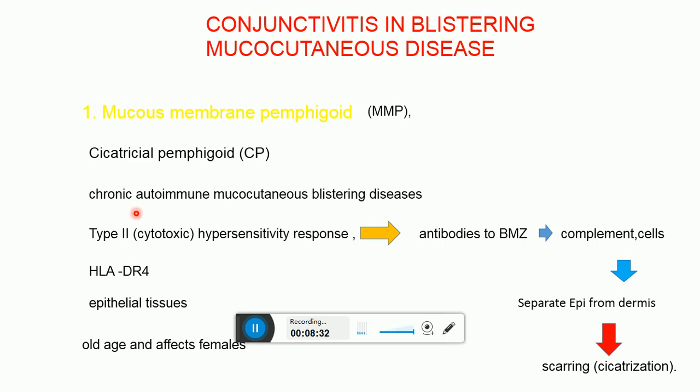Antibodies bind to the basement membrane zone, with activation of complement and recruitment of inflammatory cells. There is localized separation of the epidermis from the dermis at the basement membrane zone, and then progression to scarring. There is increased susceptibility with HLA-DR4 and HLA-DQB1, and a strong association between OCP and other forms of pemphigoid disease.